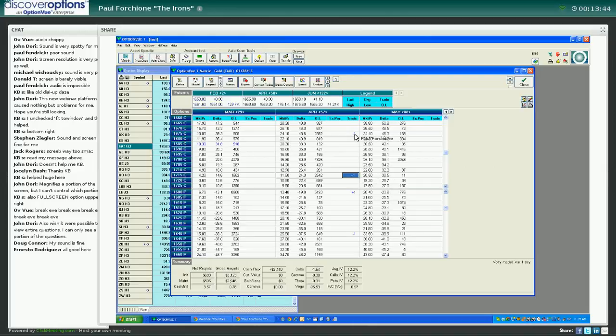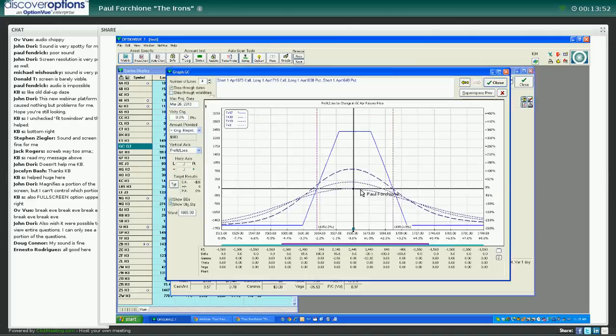So now we have a short out-of-the-money strangle hedged with our wings that are out of the money, and we have a graph that looks like this. And the big difference, of course, in the picture is at expiration, we have a flat top defined by the strike prices of the put and the call that we have purchased for insurance.